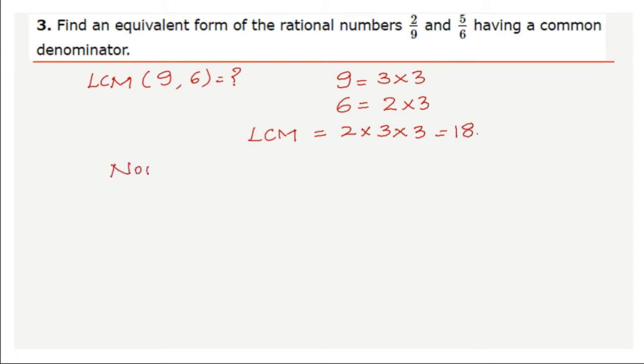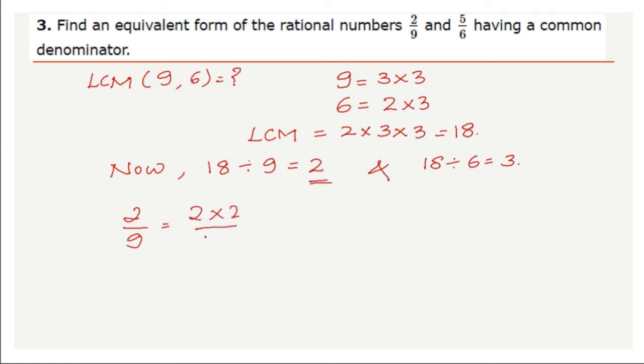Now, when I divide 18 by 9, I get 2. And when 18 is divided by 6, I get 3. This 2 is to be multiplied to both the numerator and denominator of 2 by 9. So 2 times 2 upon 9 times 2, this will be 4 upon 18.